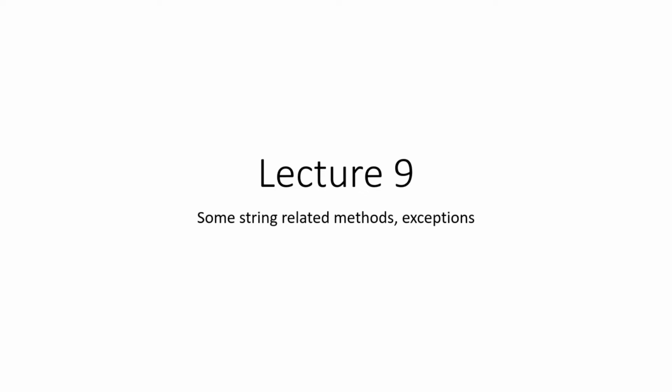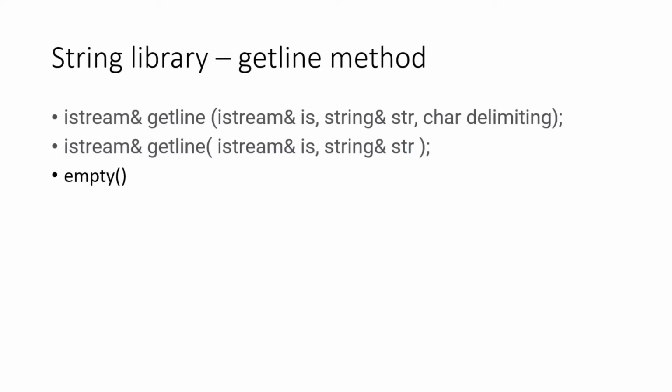Okay, let me just dig right into it. There are three methods that you're going to see covered today: the getLine and the empty method. The getLine method, and this is the syntax of it.